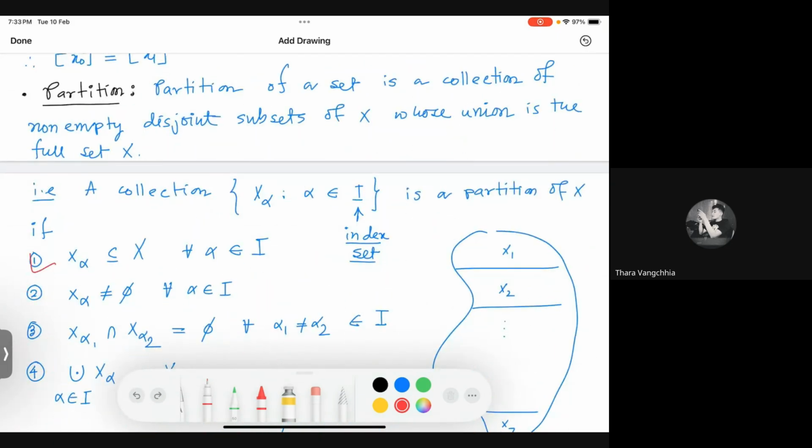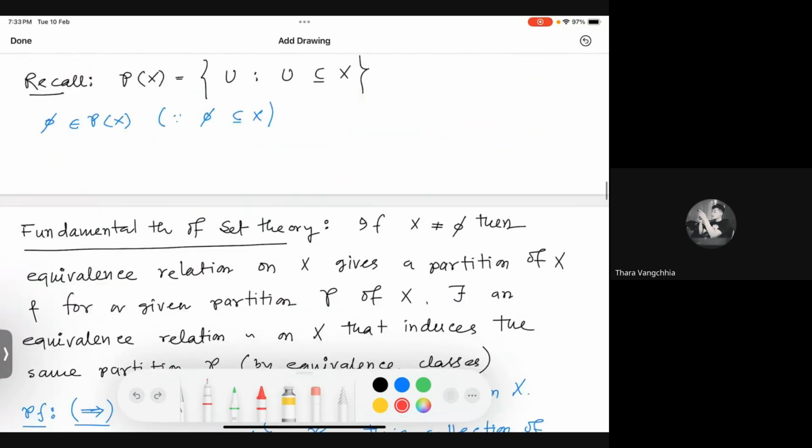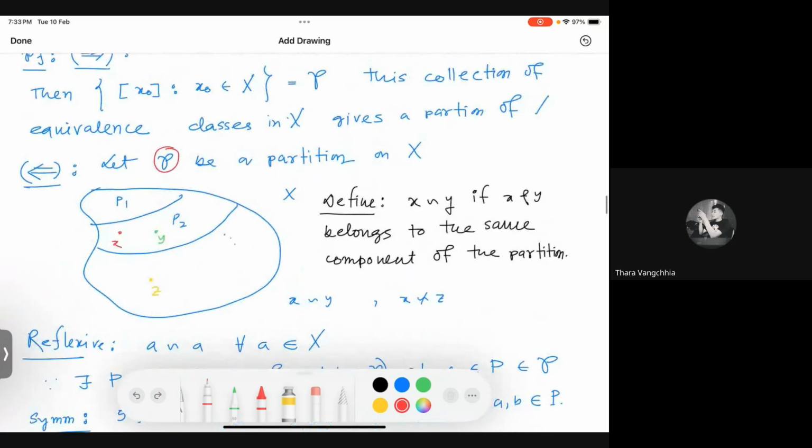Now, I am saying x is related to y if x and y belong to the same component, right? So x and y belong to the same component P2. So x is related to y.